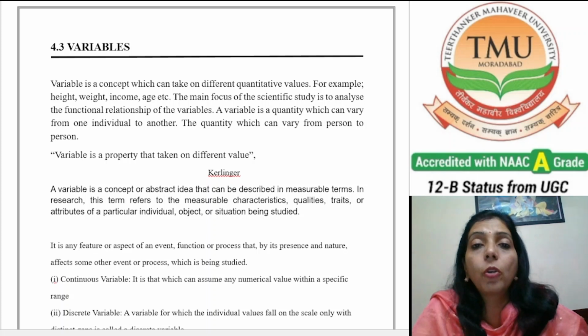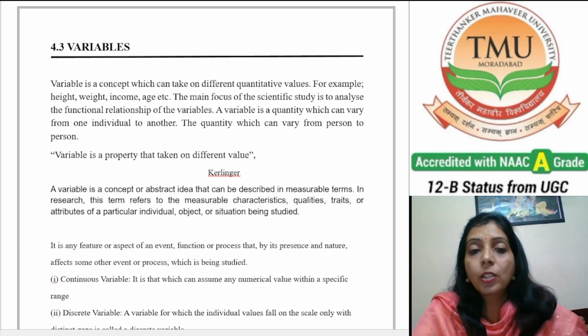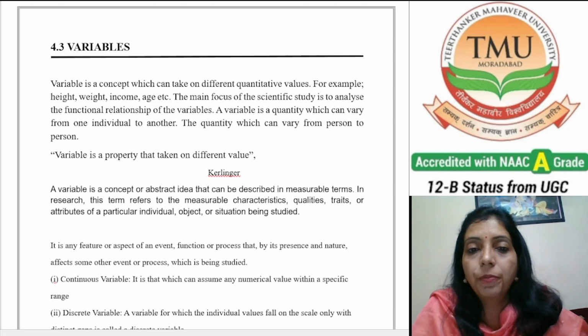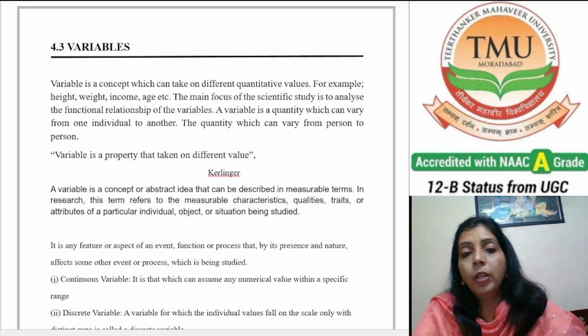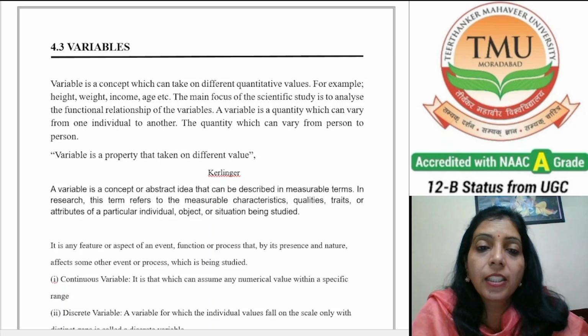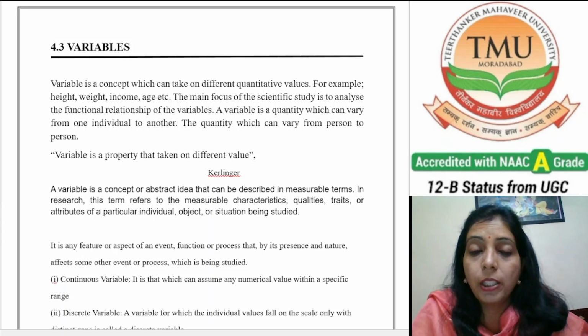Suppose the researcher wants to test the hypothesis that there is a relationship between the children's score or gains in social studies achievement and their self concept.